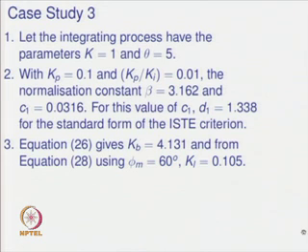Equation 26 gives now Kb equal to 4.131, and from equation 28 using the phase margin of 60 degree, we obtain KL equal to 0.105. Thus, all the parameters associated with the three controllers for controlling an integrating process are designed.